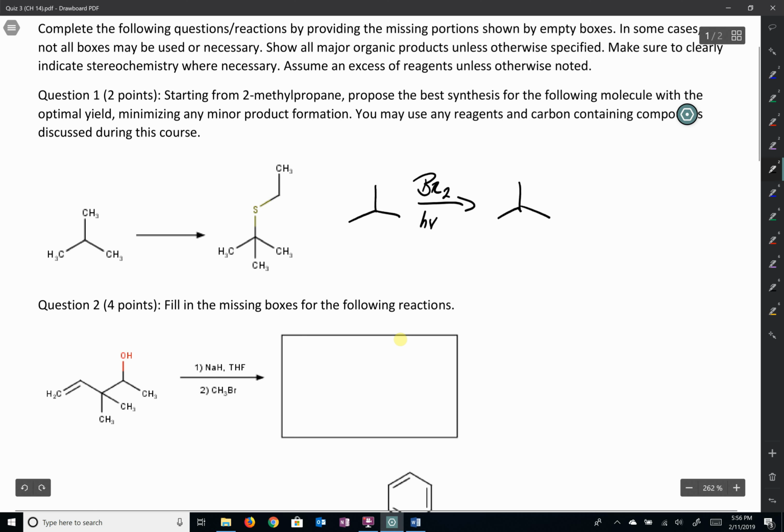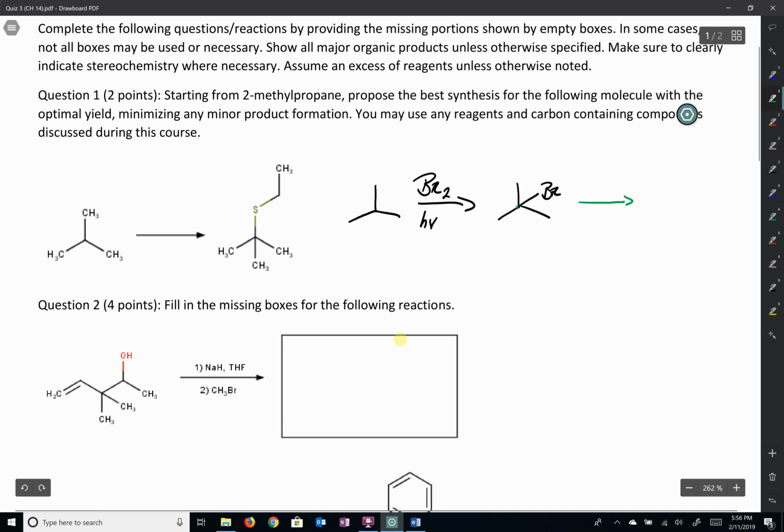And that's going to give us, let me just clean that up just a bit, that's going to give us this here. So now we have a tertiary leaving group. And so that immediately tells us that in our next step, we can't really do an SN2.